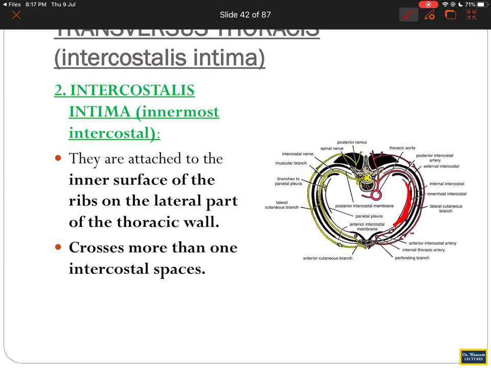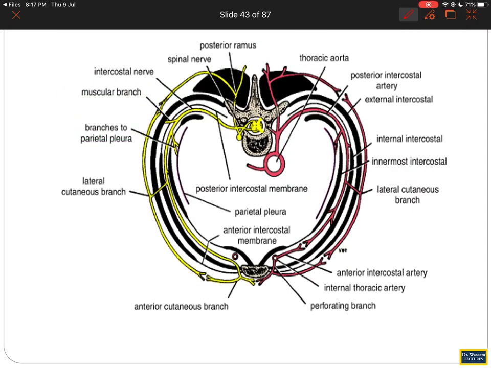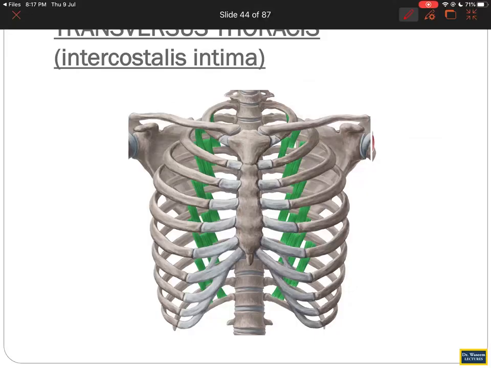You see this muscle. And then we have seen these intercostals here, the transverse thoracic. So you see this in the lateral side, it is occupying here. 2 to 3 ribs they can even cover.